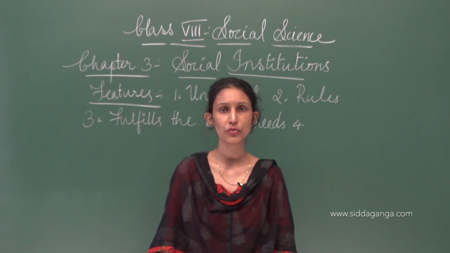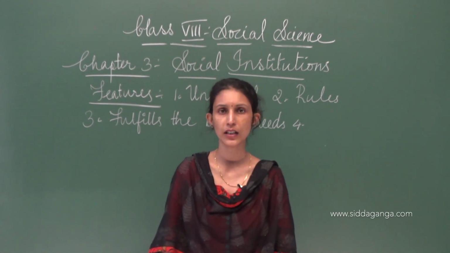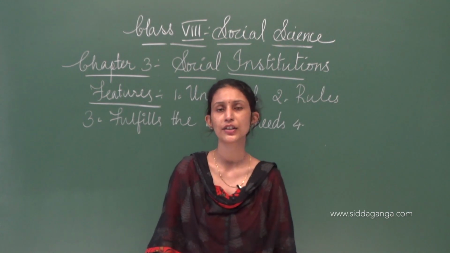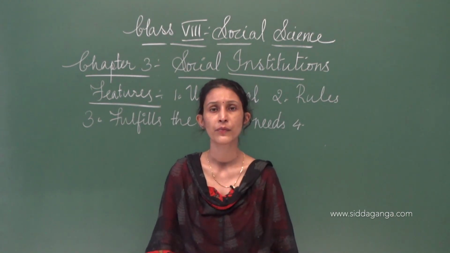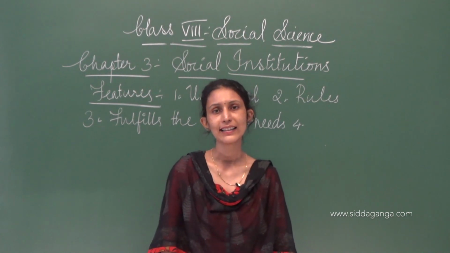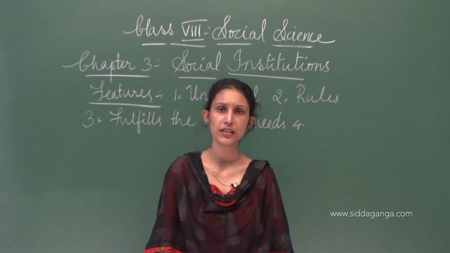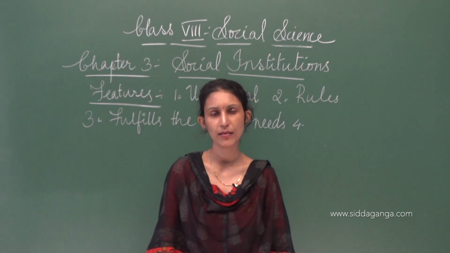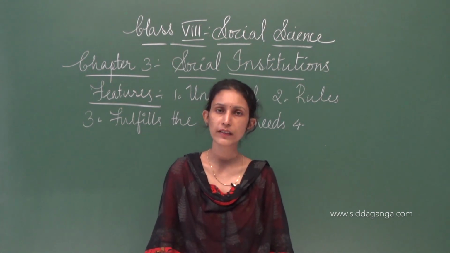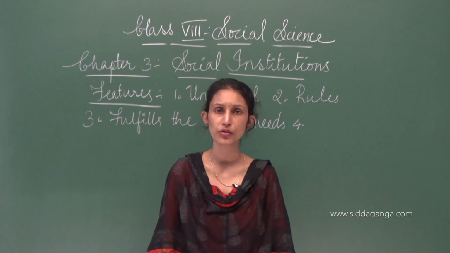Then you come to school or college, where your needs are fulfilled. Then you get into the institution of marriage, and there are various other institutions. You get into the dealings of the government. You are a citizen of the country, and you are involved with the dealings of the government. So you are involved in that institution also.